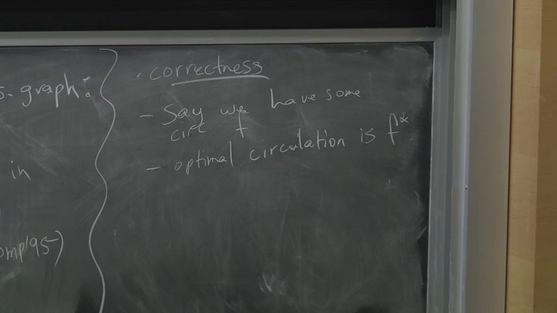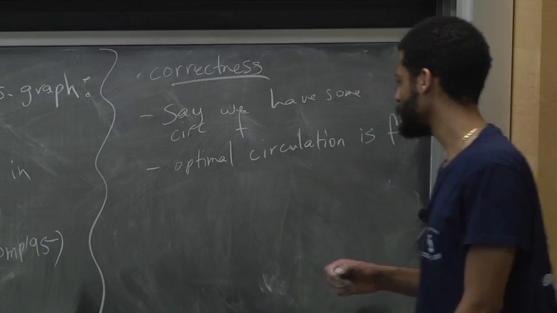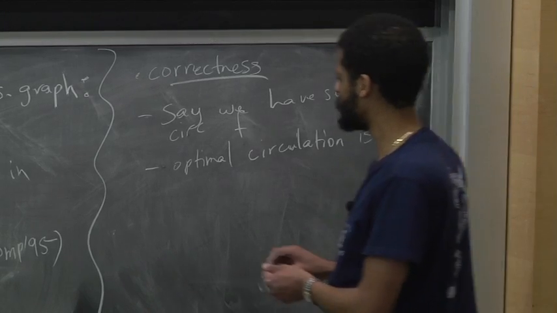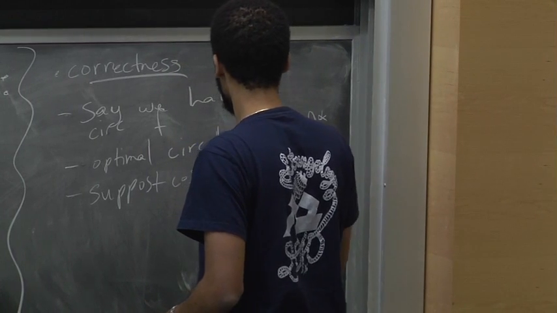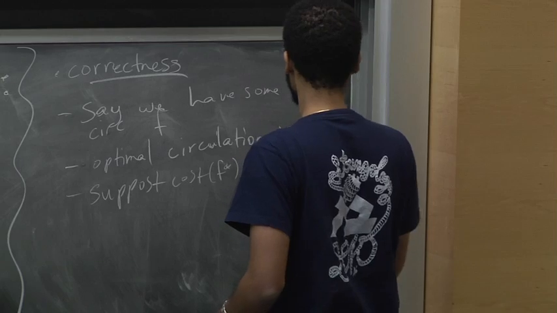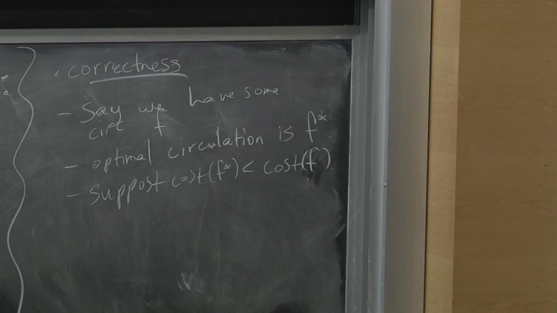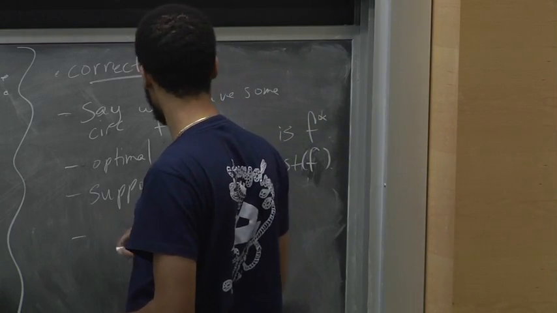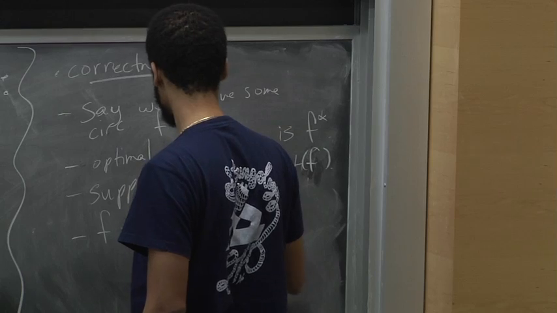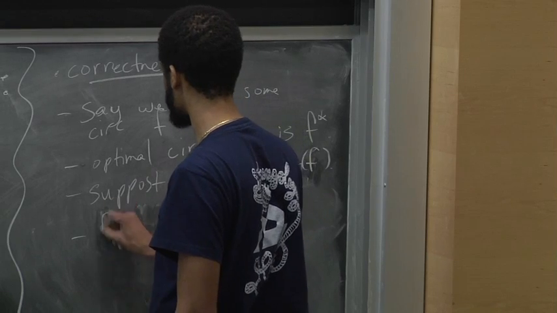Suppose the cost of F star is strictly better than the cost of F. Then what can you tell me about F star minus F?